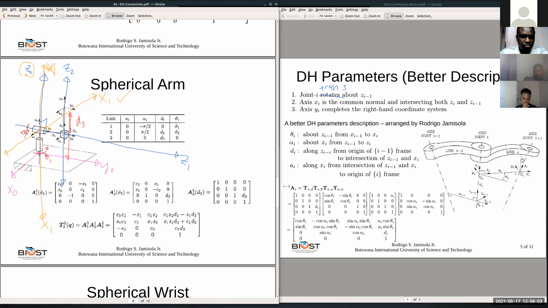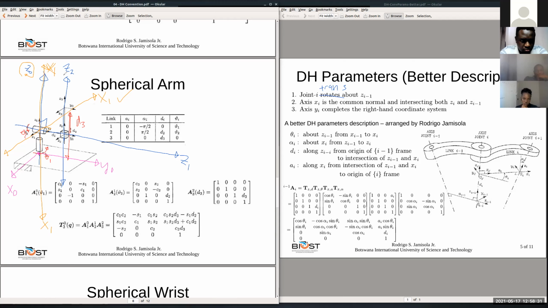Next, before the time ends, I have 2 minutes. So now I will need to know where your X2 is. Your X2 needs to be the common normal and intersect both Z2 and Z1. Z2 is here, and now it needs to be intersecting and normal.